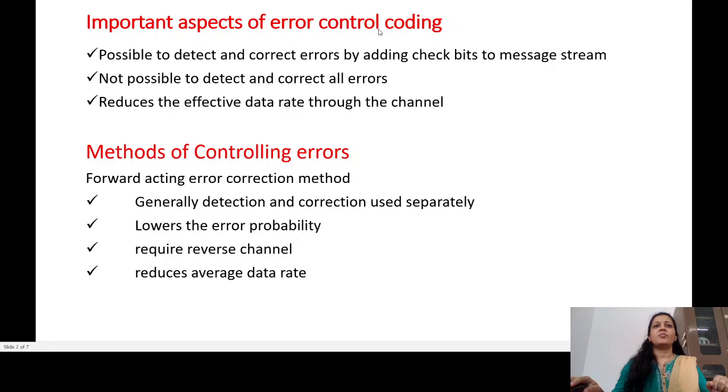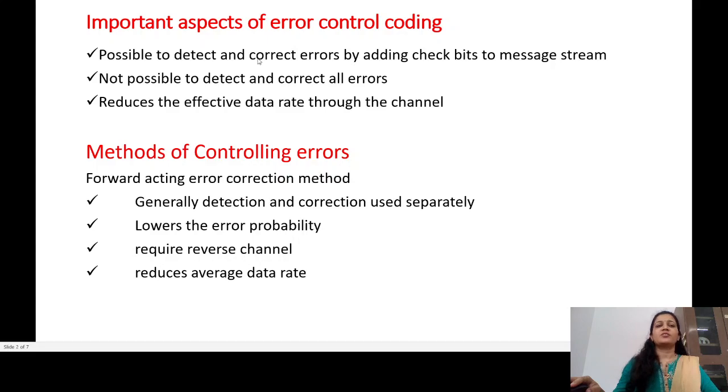If we consider the important aspects of error control coding, we can see that it is possible to detect and correct the errors by adding the check bits to the message string. As we have seen in one example in our previous session, adding the check bits helps us in reducing the errors.